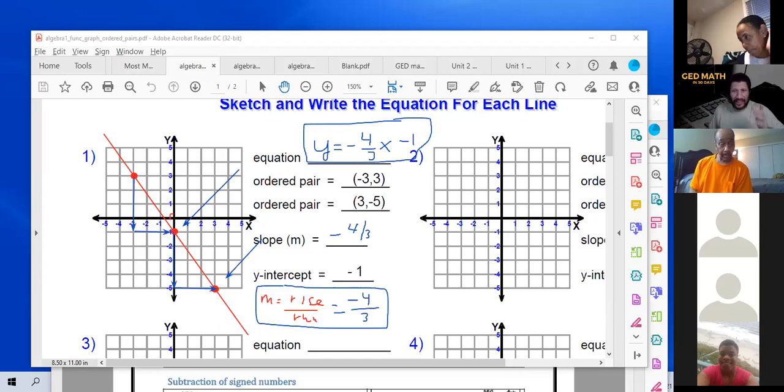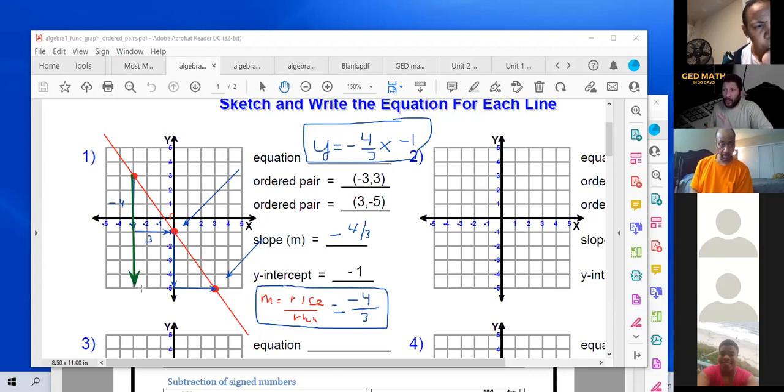This is very pertinent that you understand this. It doesn't matter what 2 points you use. You still get negative 4 over positive 3. Now watch this. I'm going to change my color to green and make this a little thicker. This time I'm going to go 1, 2, 3, 4, 5, 6, 7, 8.